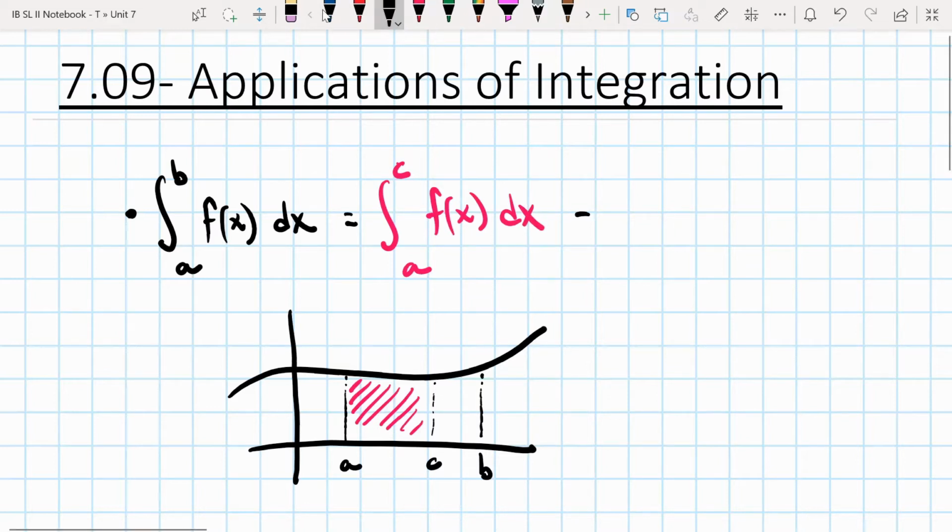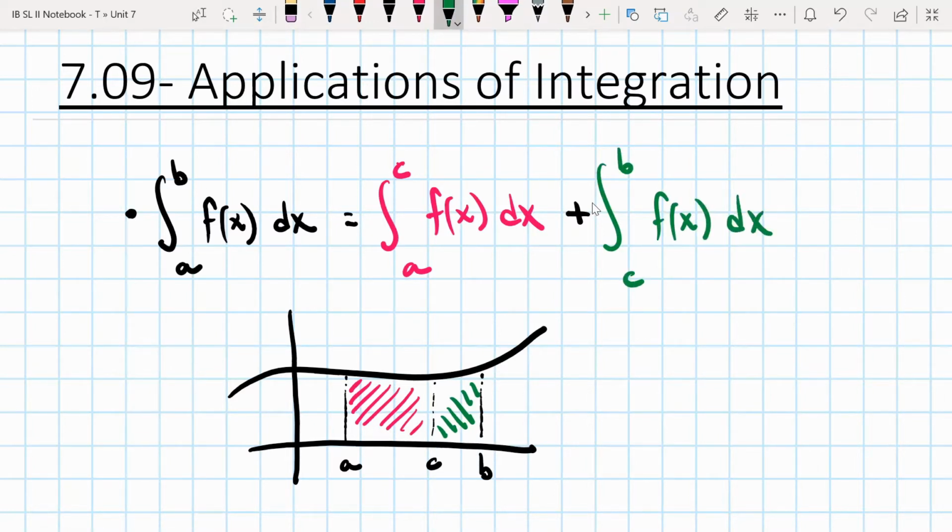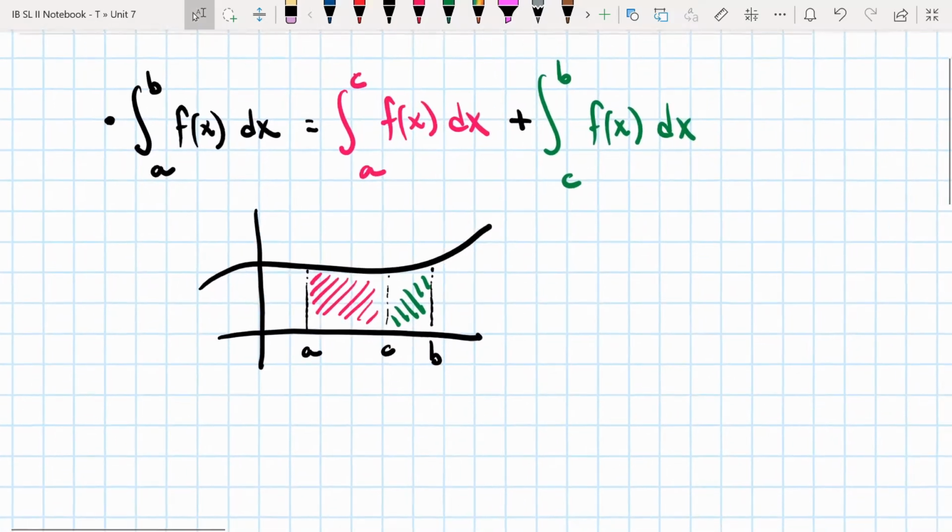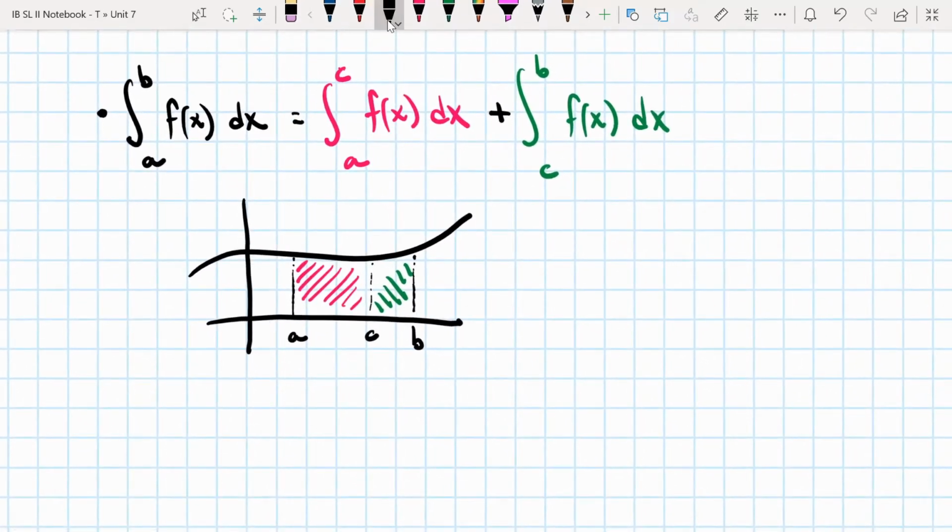And then we're going to add to it the area of this region here, which we're going to call the integral from c to b of f of x dx. So you can split up the integral into two parts if you have a number in between the limits of integration. In this case, c is in between a and b.